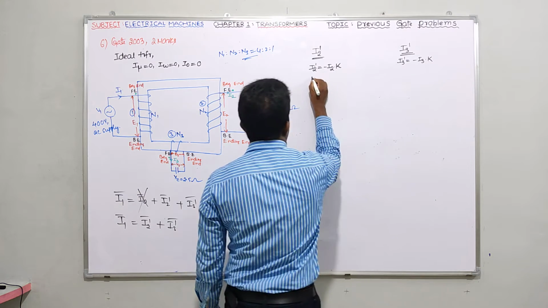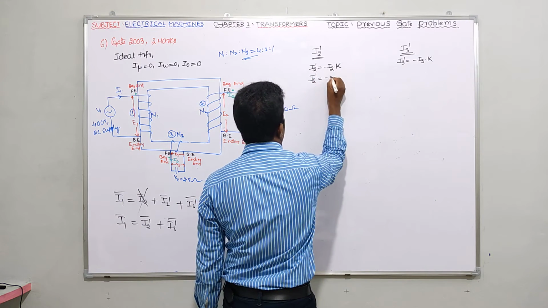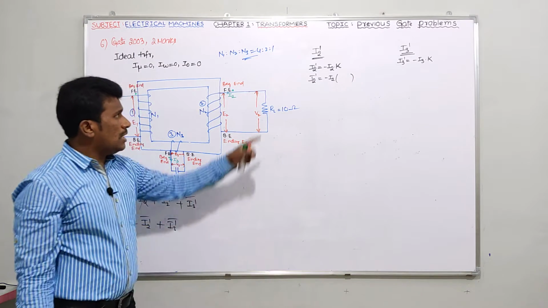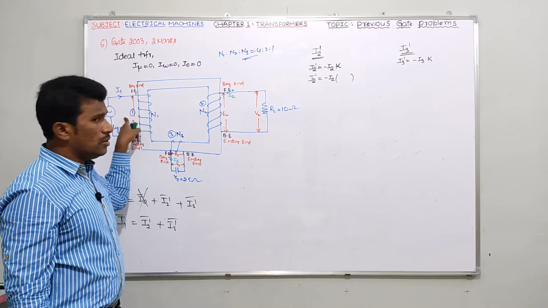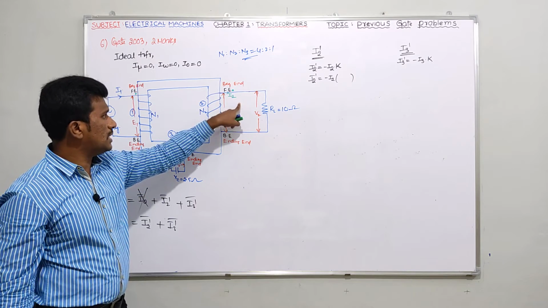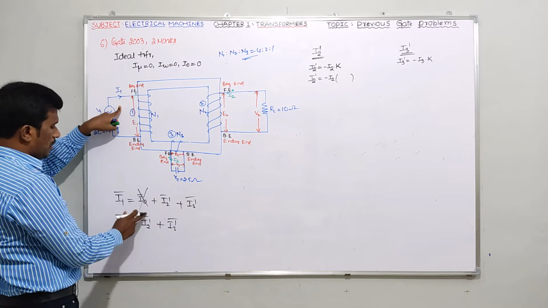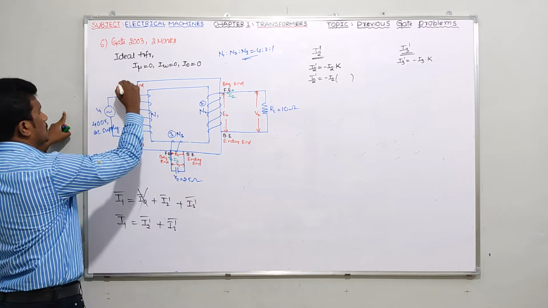So it's common sense. I2 dash equals minus I2 into K. K means what? I2 dash means what? Secondary to primary, no? I am just referring the secondary current towards the primary current. So actually I1 equals, I already wrote, I2 dash plus I3 dash. If you want, I can write here also.